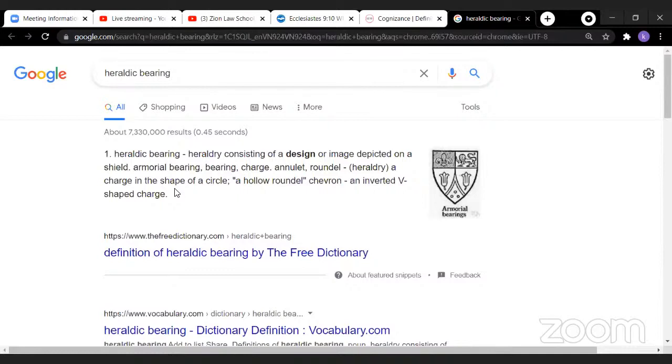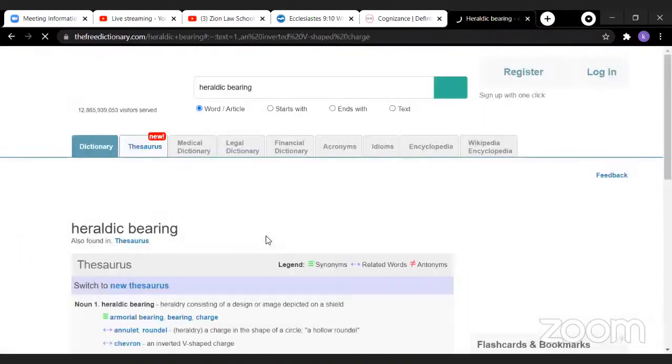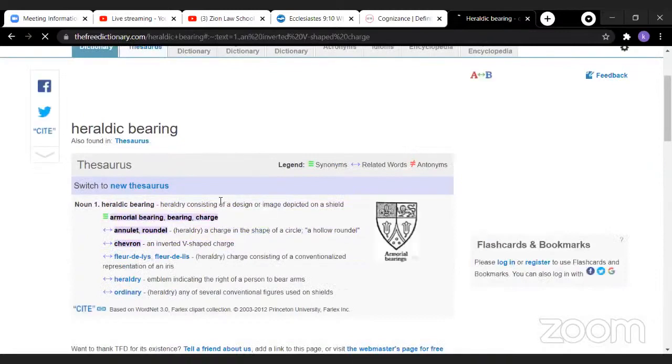Rundle, heraldry. A charge in the shape of a circle. A hollow rundle, chevron, an inverted V-shaped charge. So what is this calling to memory? Charge. It was charge. I couldn't see it.